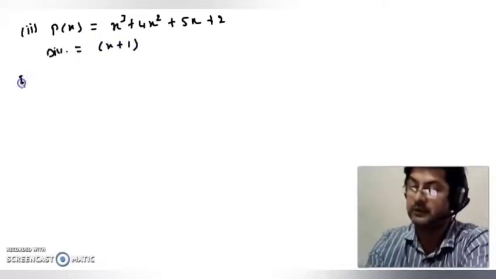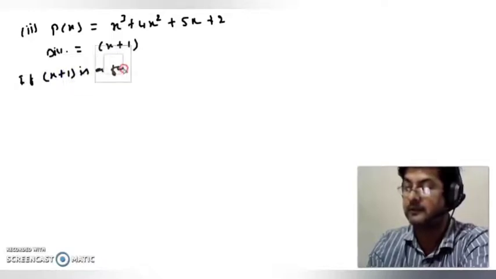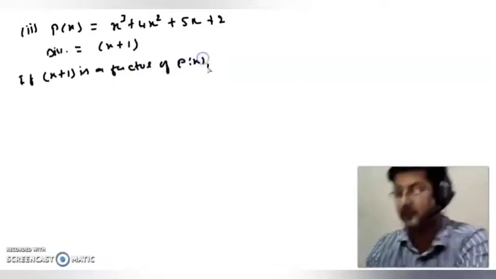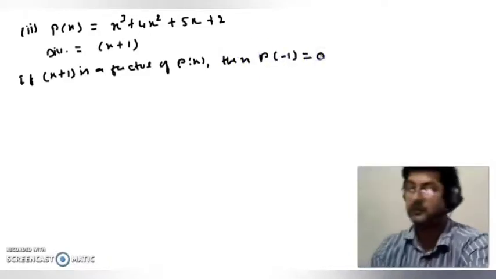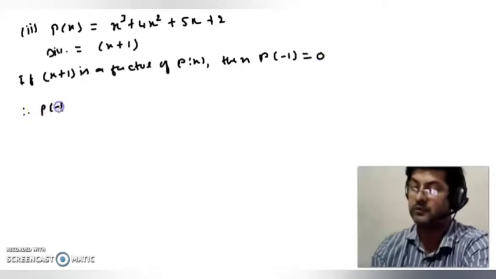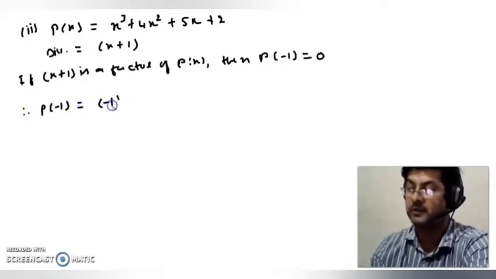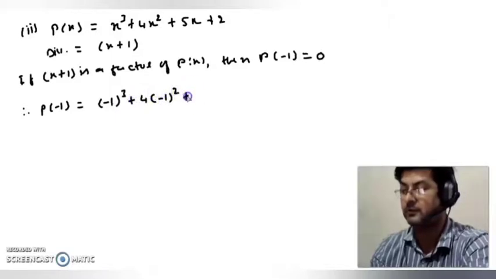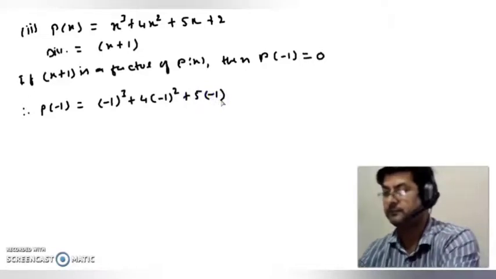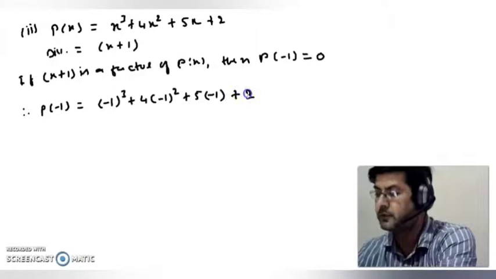Okay, we know that if x plus 1 is a factor of polynomial p of x, then we know that p of minus 1 must be equal to 0, and therefore we'll find out p of minus 1: minus 1 the whole cube plus 4 into minus 1 the whole square plus 5 into minus 1 plus 2.